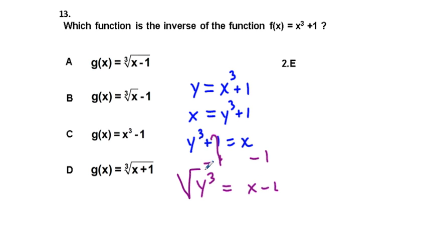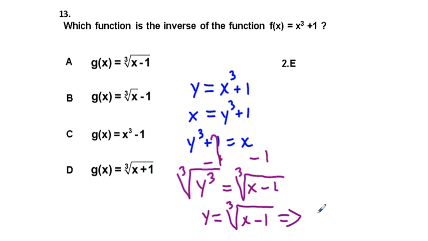If we take the cube root of y cubed, that's going to get y isolated. So we have y is equal to the cube root of the quantity x minus 1.